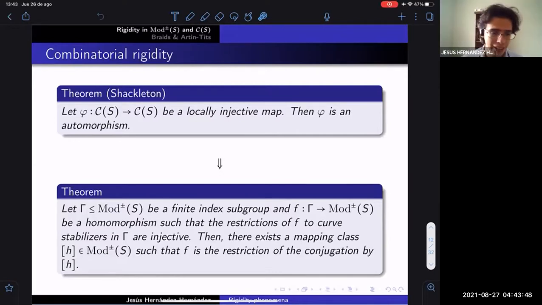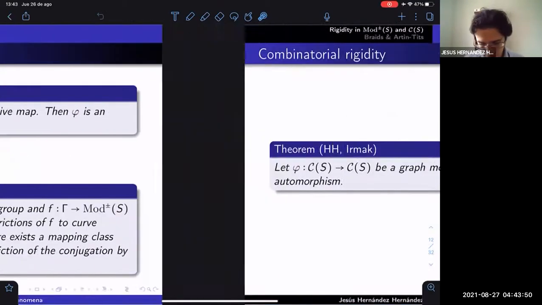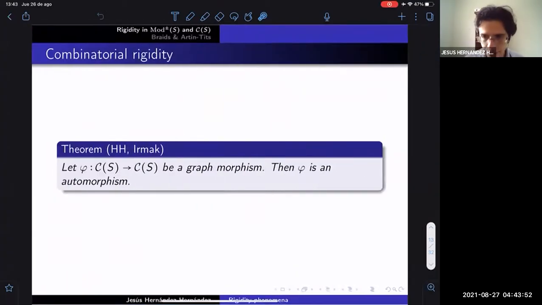Now, another result, this one is mine and independently by Irmak, is that you can just take any graph morphism from the curve graph to itself, and this is going to be an automorphism. You don't need to add any other condition beyond that. It's going to be a graph morphism.